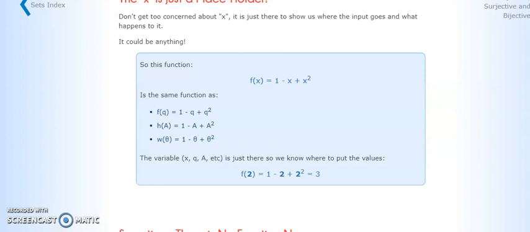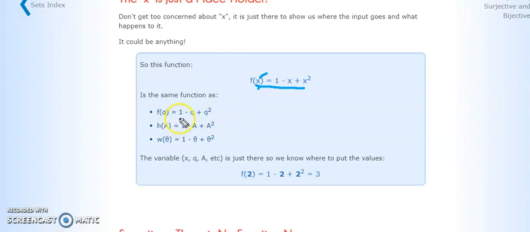The number can be anything, so it will just translate to the formula. If f(x) is 1 minus x plus x squared, then whatever x is there, you just put that x here. It is a placeholder.